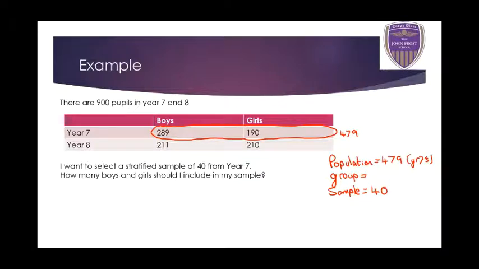Now the group size is asking us for boys and girls. So if we write B for boys, there are 289 boys, and we'll do G for girls, and there are 190 girls. So we're going to have to do this formula twice. Let's do the boys first.